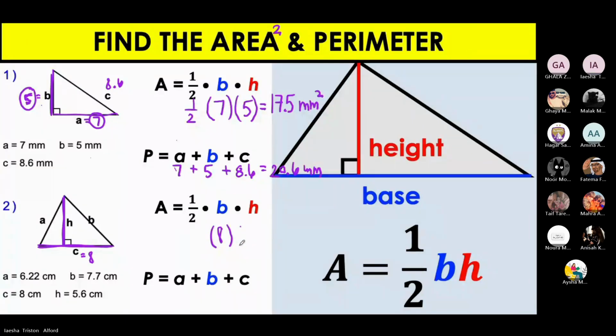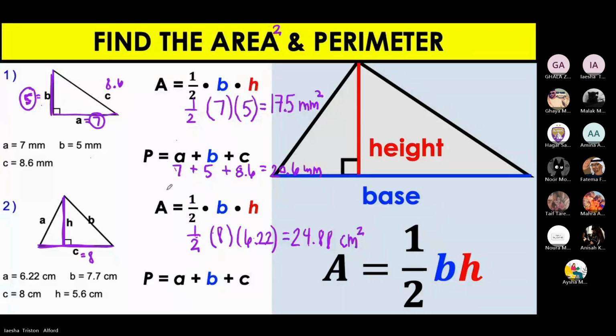Okay. And then we need 1/2. So area is 1/2 times the base times the height, equals 24.88 centimeters squared.